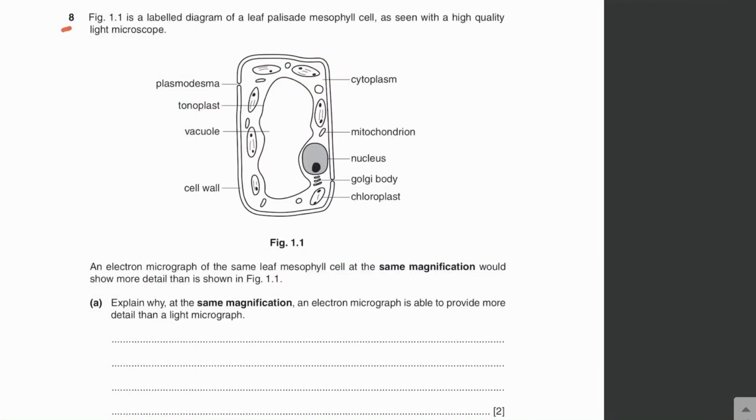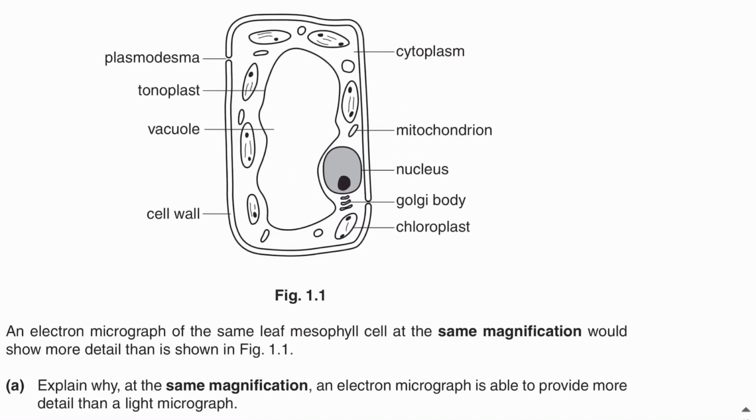Question number 8. Figure 1.1 is a labeled diagram of a leaf palisade mesophyll cell as seen with a high quality light microscope. So we can see the drawing of the palisade mesophyll cell as seen using a high quality light microscope.